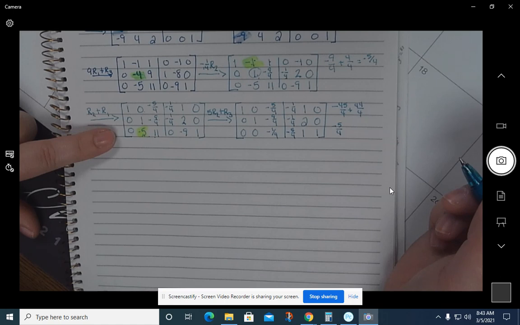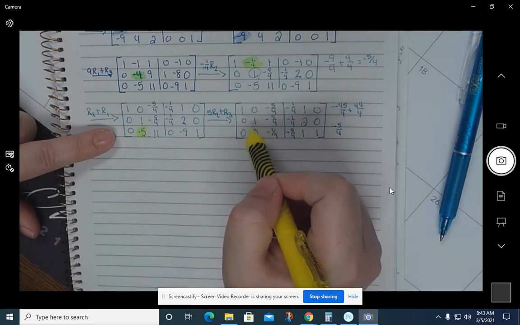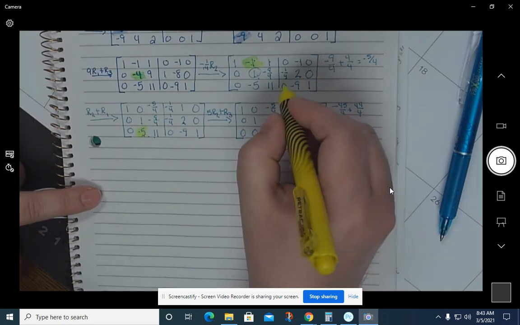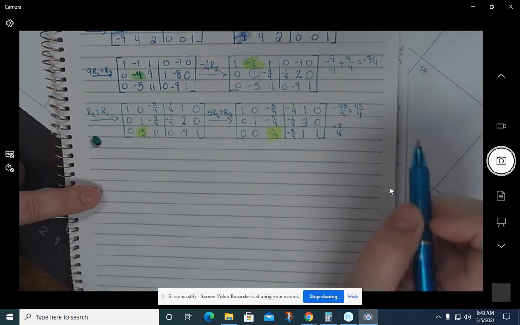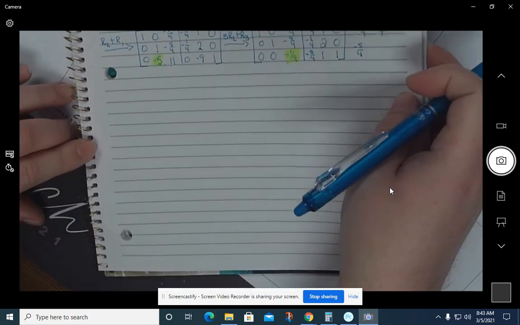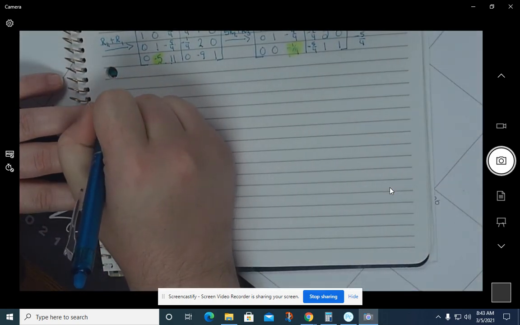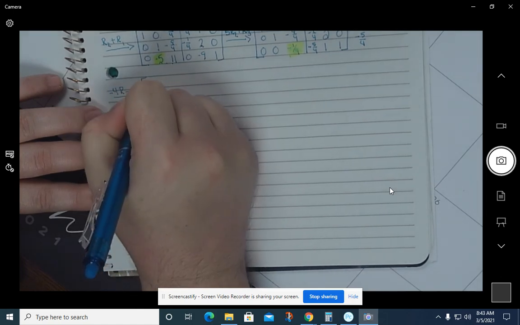So now my first two columns are done. 1, 0, 0, 0, 1, 0. That's what I want. Now I need to turn this element into a 1. So in order to do that, I'm going to multiply row 3 by -4.